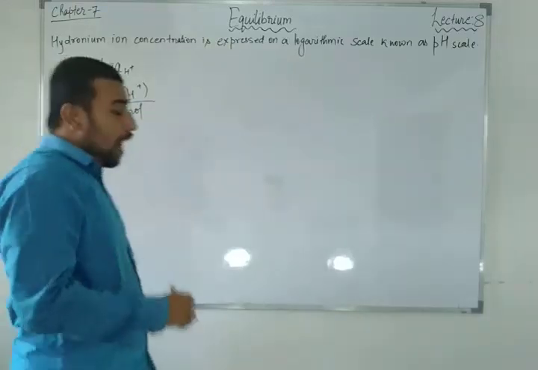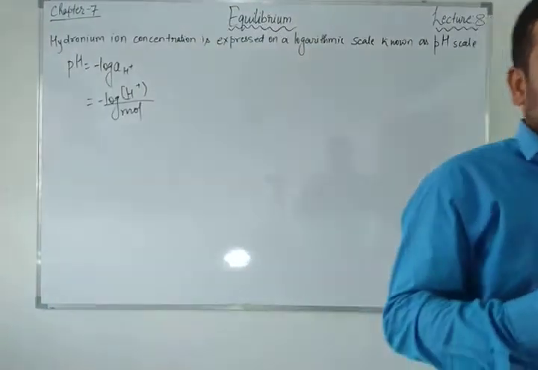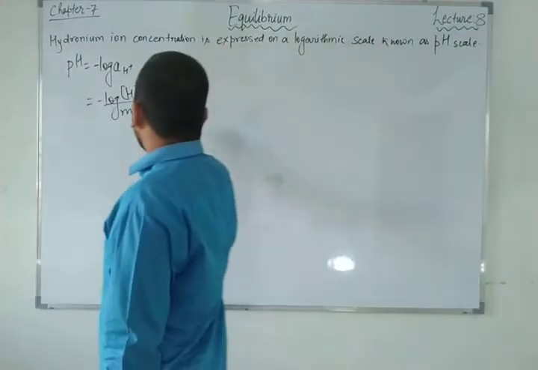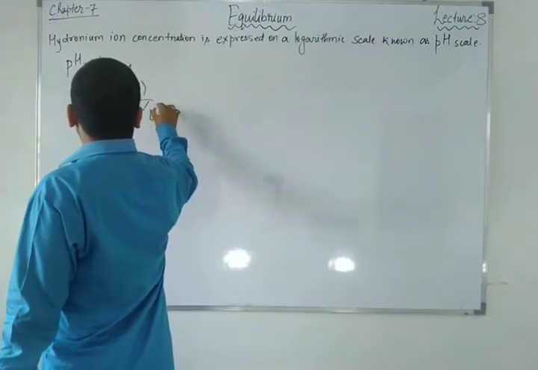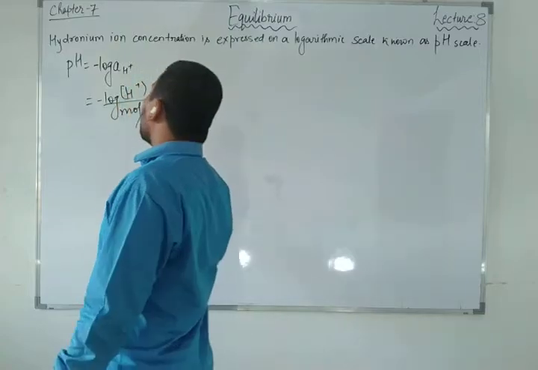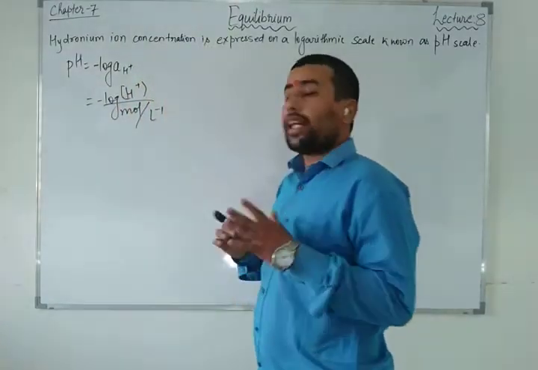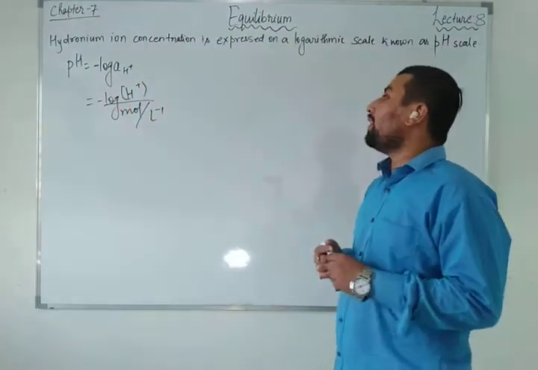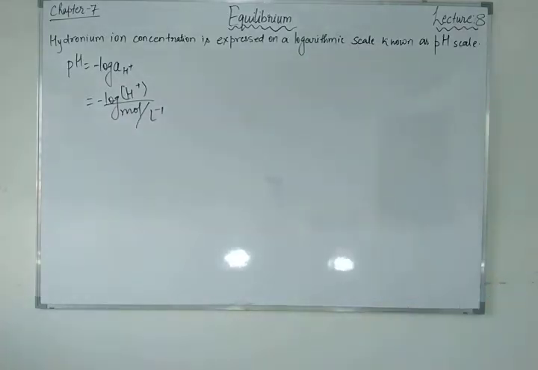Now you can say, sir, how has this H plus come? Directly, if you know very well, mole per liter. If you know the logarithm, how to calculate the log values, then the pH is equal to minus log a H plus, and it has become minus log H plus upon mole per liter.